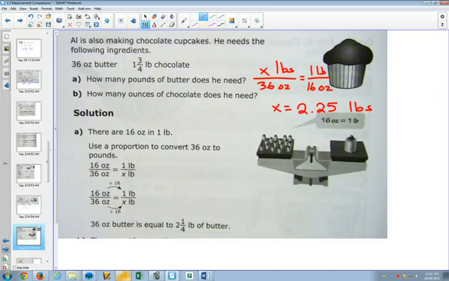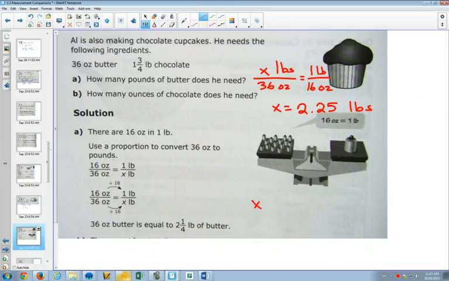And the nice thing about setting things up the same way is you have a method that's always going to work for you. I know that some of you are finding some shortcuts, and that's great. Sometimes some of you realize, oh, you just multiply, or sometimes you just need to divide. That's great, but sometimes you're going to get stuck, and then it's nice to have a method to go back to. How many ounces of chocolate does he need?